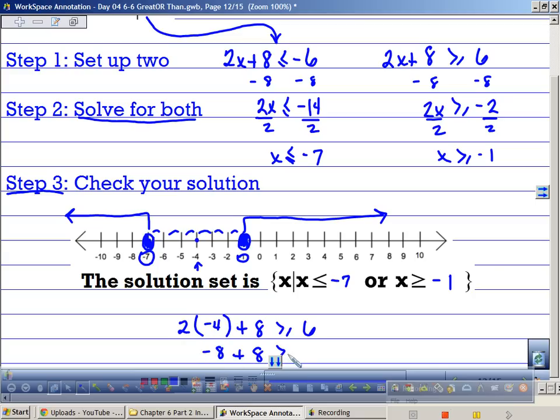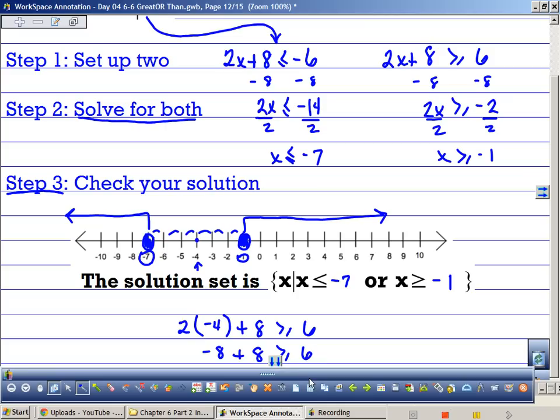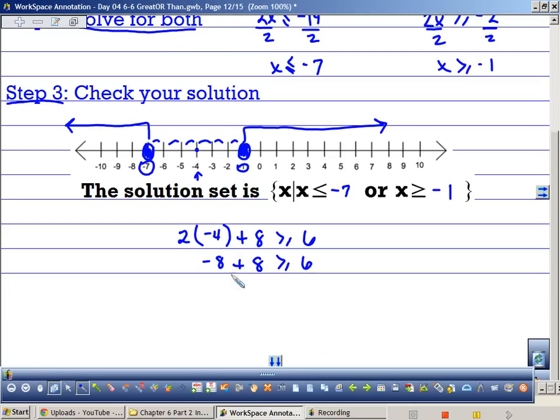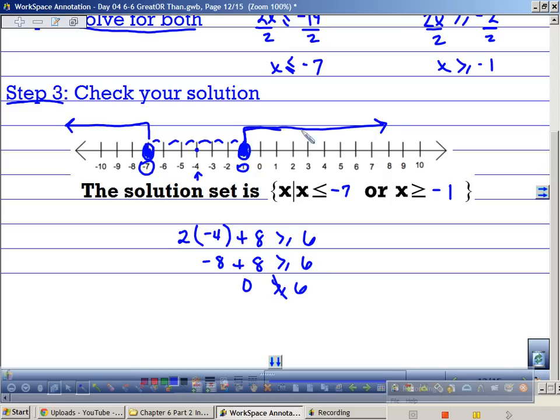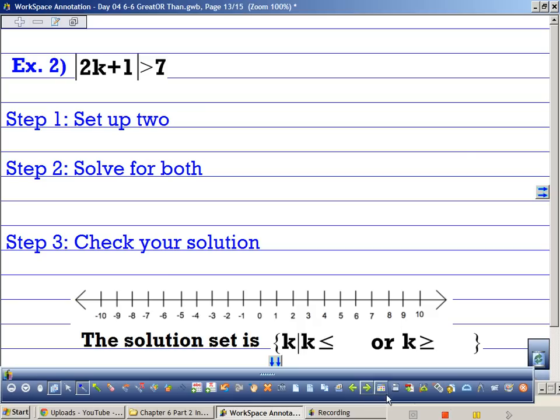Is -8 plus 8 greater than or equal to 6? Nope, not even a little bit. 0 is not greater than or equal to 6. So that is not a solution. And that's good because we didn't say it was. These are our solutions: anything above here or anything below here. So that definitely works. Let's try another one.